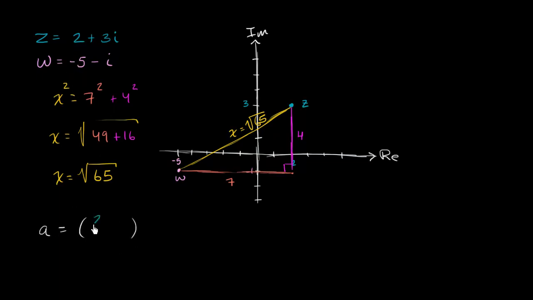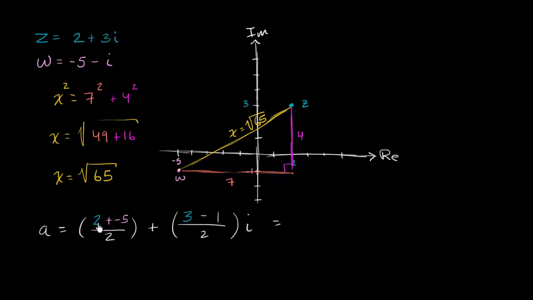So it's going to be 2 plus negative 5 over 2, and its imaginary part is going to be the mean of these two numbers. So plus 3 minus 1 over 2 times i.